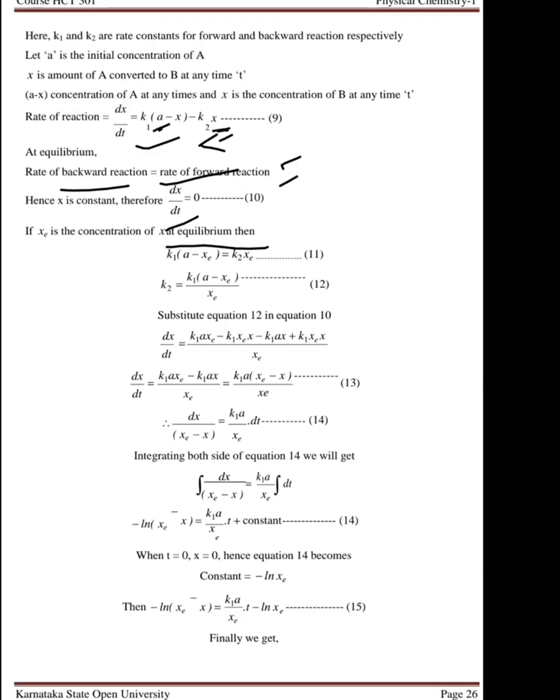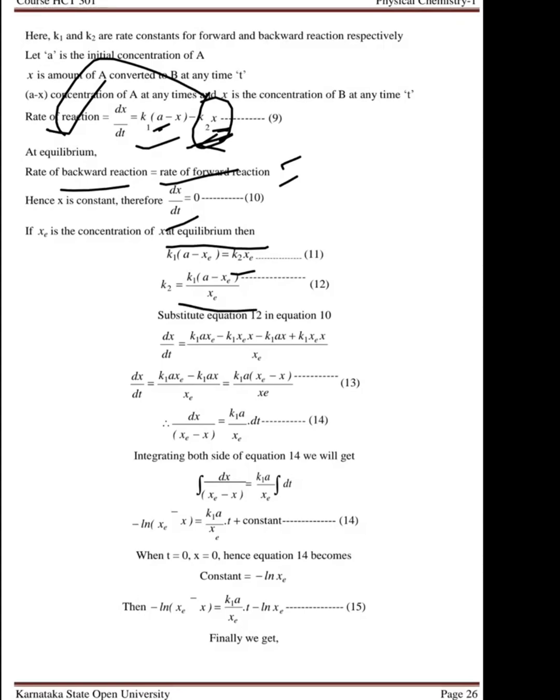So it can be written as K1 into (a minus xe) is equal to K2 xe. Bringing it to the left-hand side, the minus becomes positive, so K2 is equal to K1 of (a minus xe) divided by xe. This is the equation.